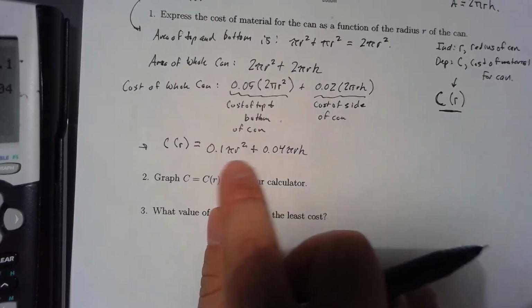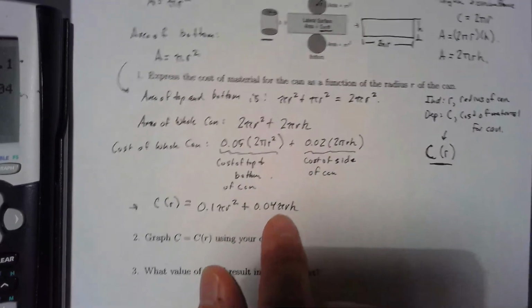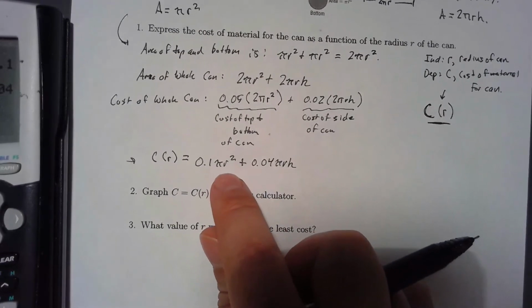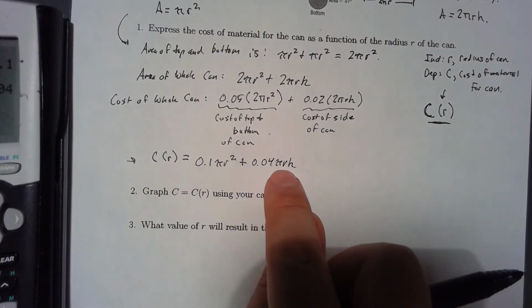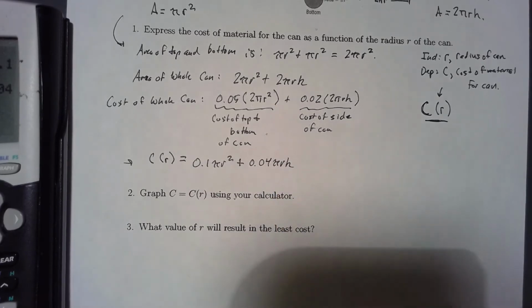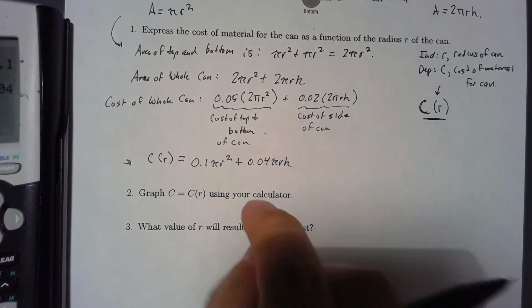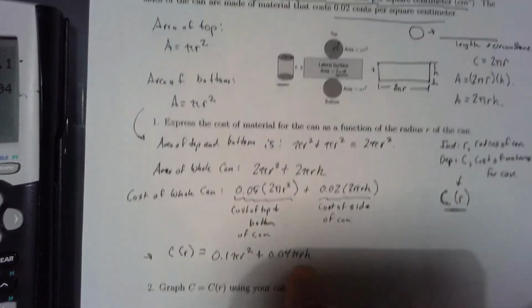Now, pi is not a variable. Pi is a constant. So I have two variables in here, but I need this to be a function of r, not just r and h. So how am I going to take care of that? I need to substitute another value in here to get rid of that h.